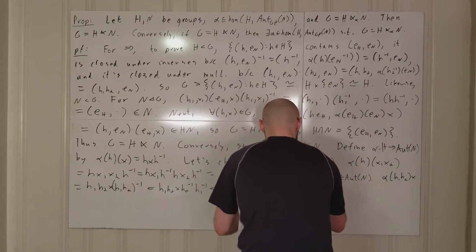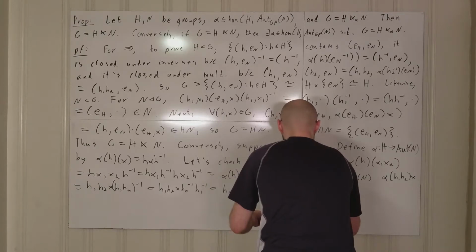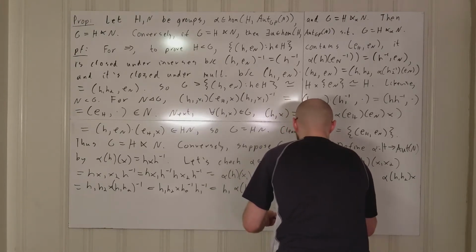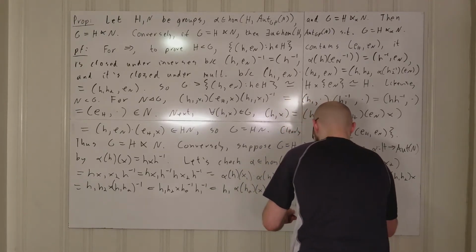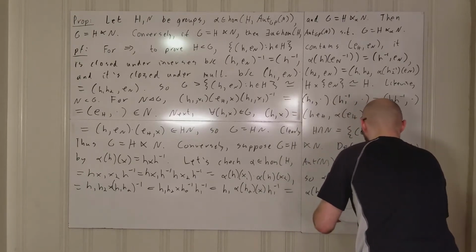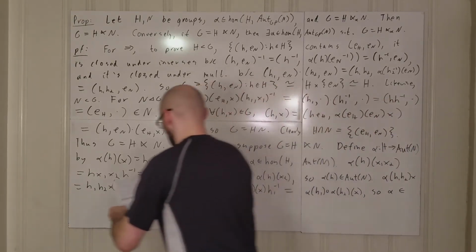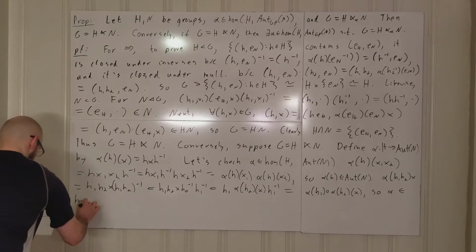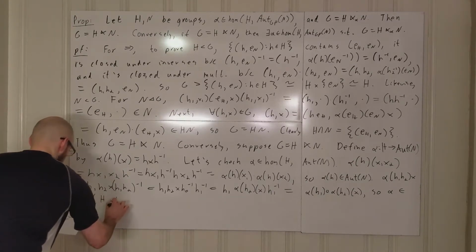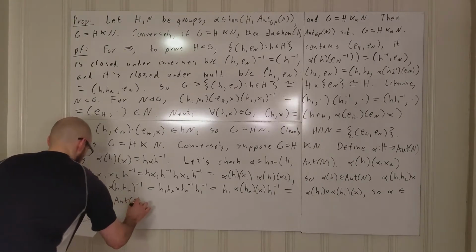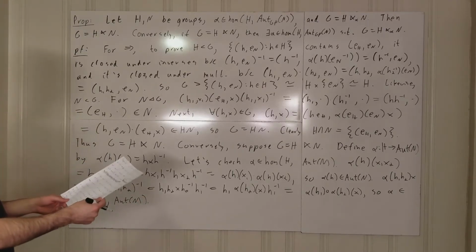And then here we're going to get alpha h1 composed with alpha h2 of x. And so, indeed, alpha is a homomorphism from H to Aut(N).